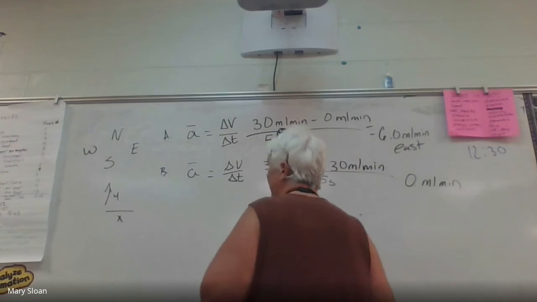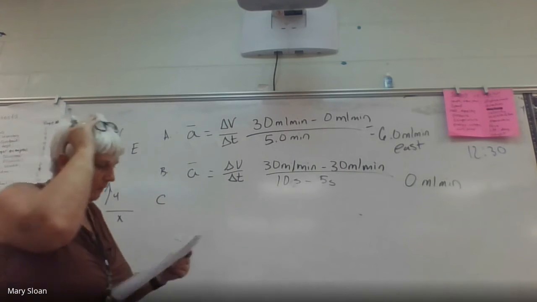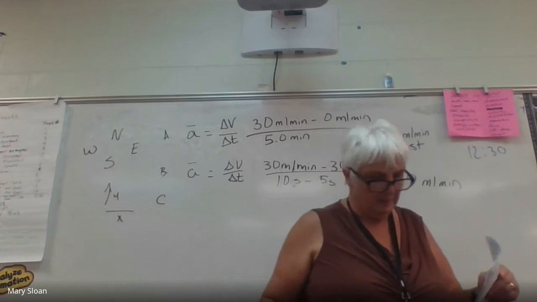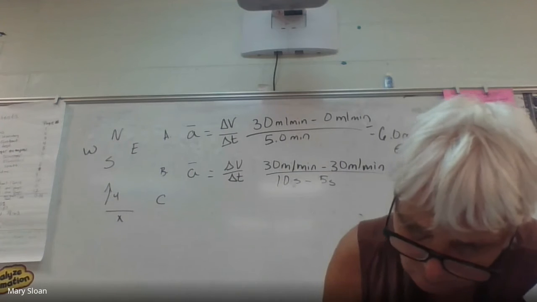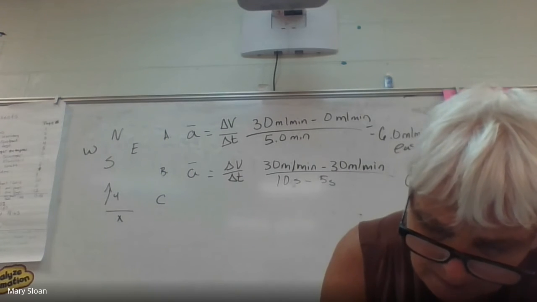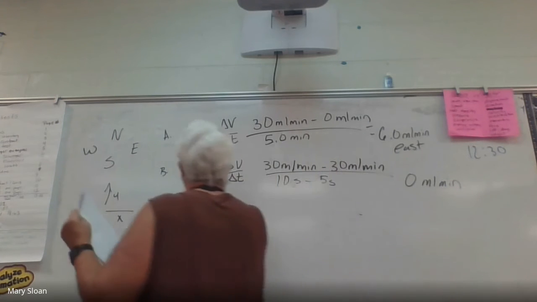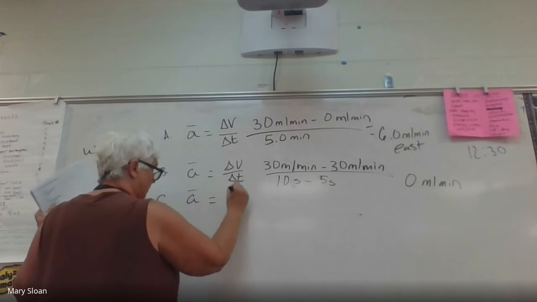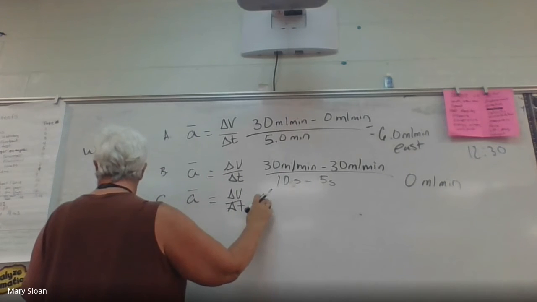All right, Robert, you ready to do C? Okay. So C is telling us between 10 minutes and 15 minutes. Are you ready? All right. So acceleration equals change in velocity over change in time. What is my final velocity? 30.